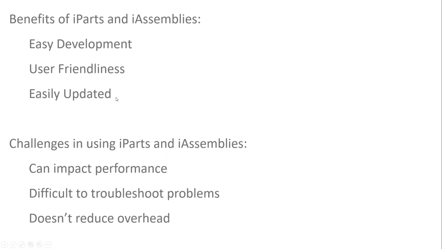And it's easy to update. If I need to change a value, either a property value or a parameter value, I can simply go to the table, make that change, and now I've updated my design. Extremely user-friendly, extremely easy to use. There's a lot of benefit involved.